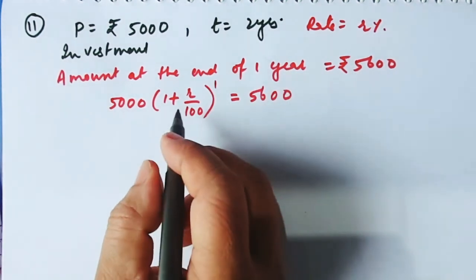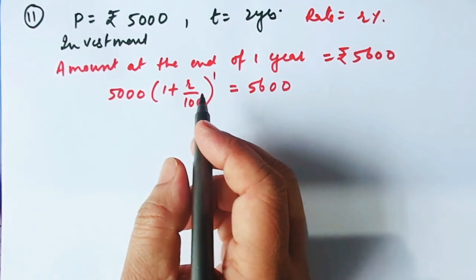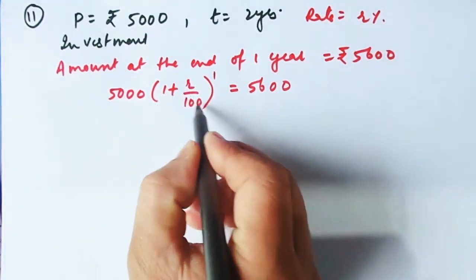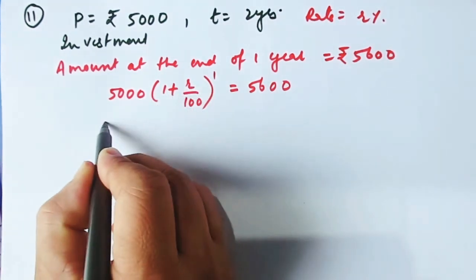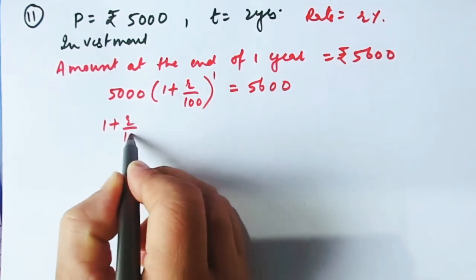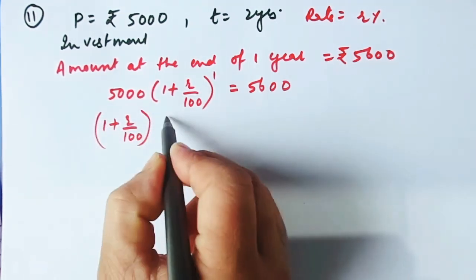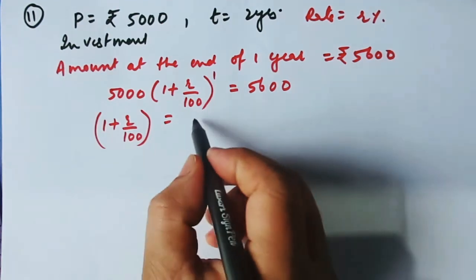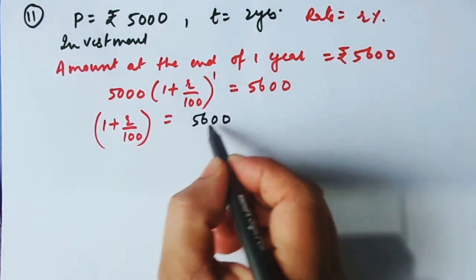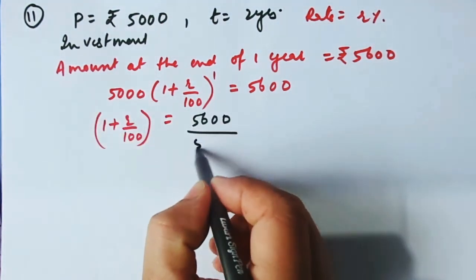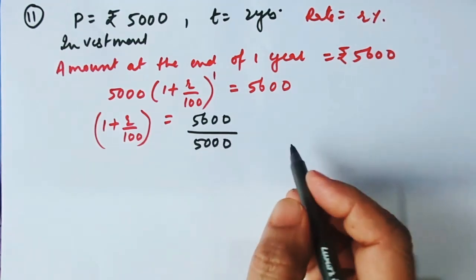Let us solve. So 1 plus R by 100 will be equal to 5600 divided by 5000.